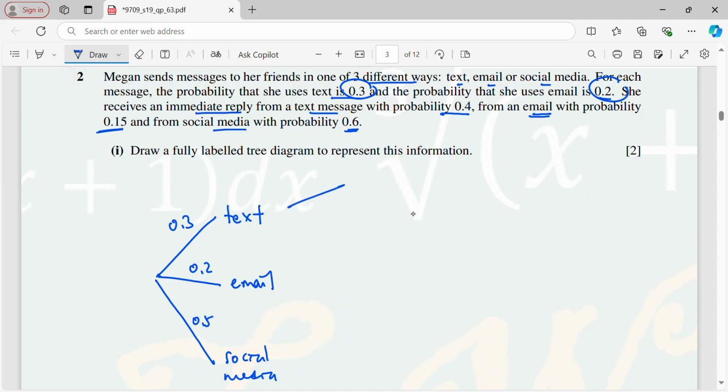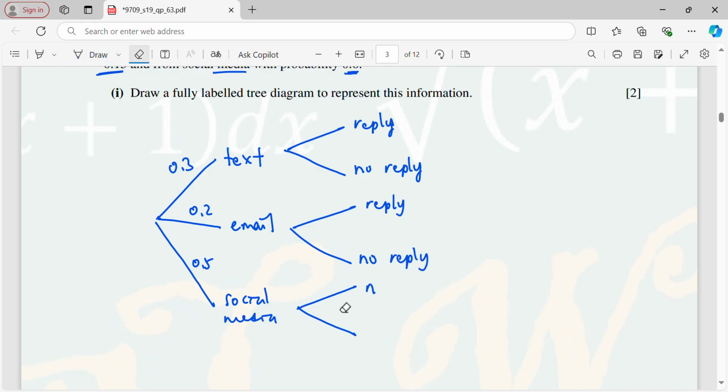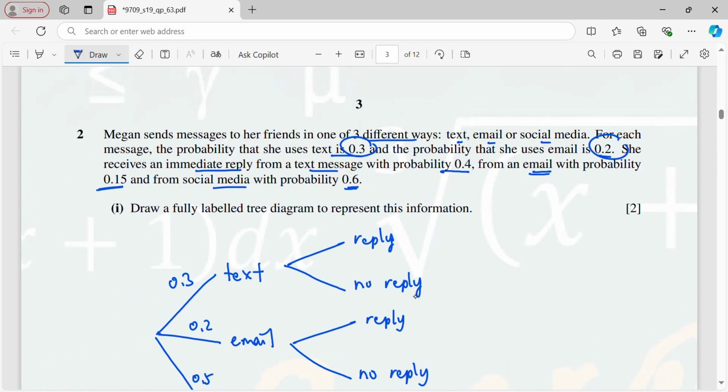Right? So now immediate reply or not immediate reply. So here I will write reply or no reply. Okay, so for the text, if it is an immediate reply, that will be 0.4.